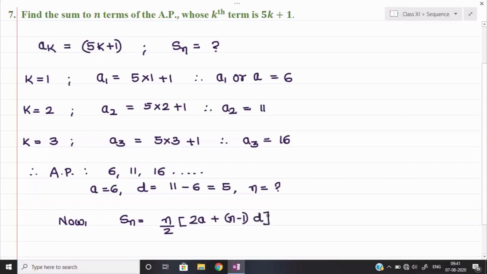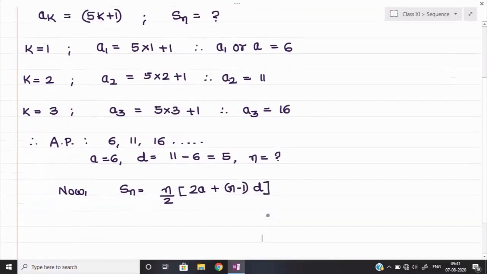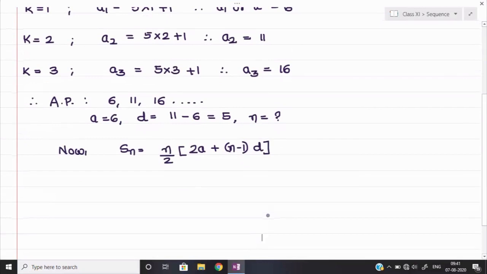Okay, now in this we shall put in the values. The value of n, remember, would be n only. So n upon 2 into the bracket 2 into 6 plus n minus 1 into the value of d, which is here 5.